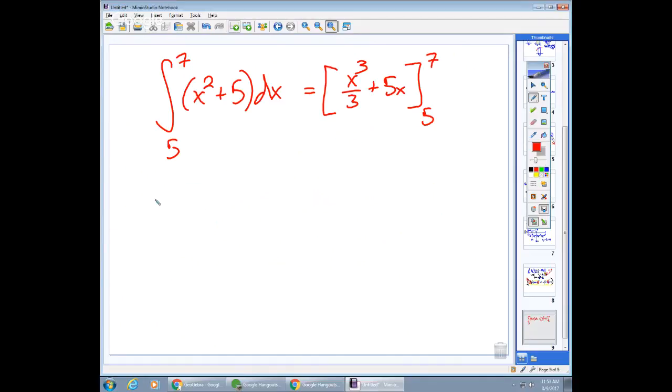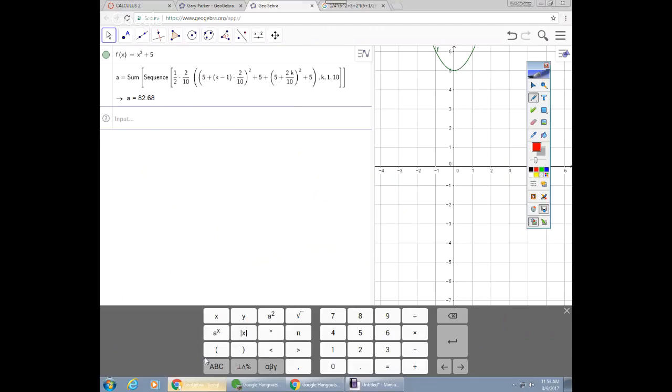So that's going to give me 7 cubed over 3 plus 5 times 7 minus 5 cubed over 3 plus 5 times 5. And I'd rather not do that in my head today. Asking my calculator what it thinks about that.